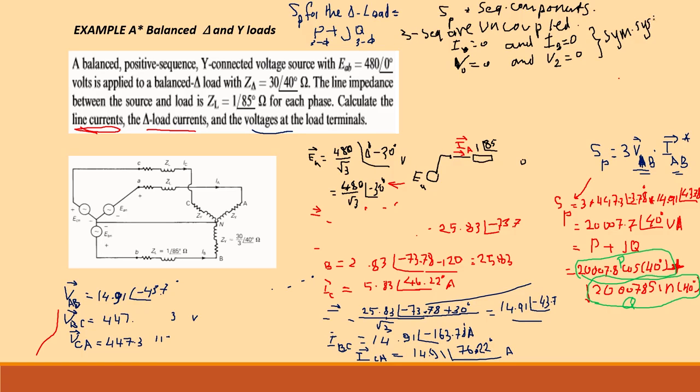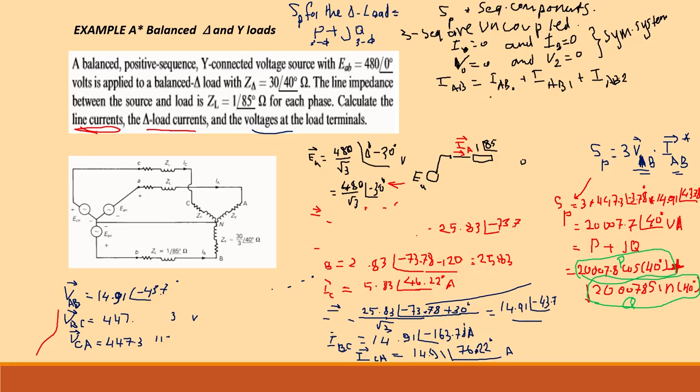The load is also symmetrical. Thus, IAB is equal to IAB naught plus IAB1 plus IAB2.